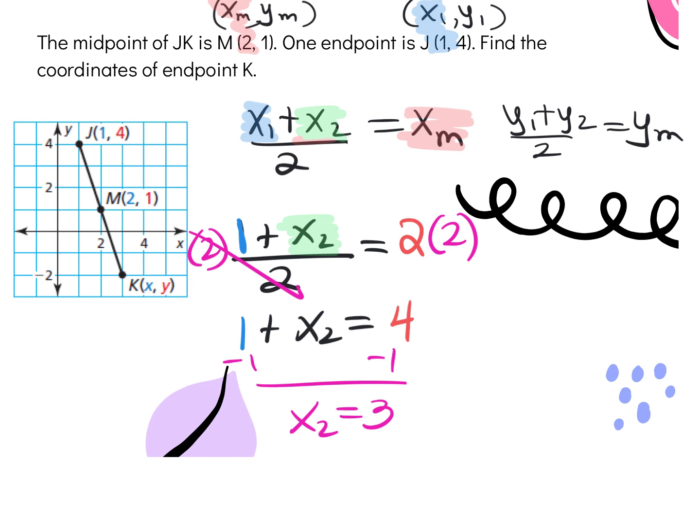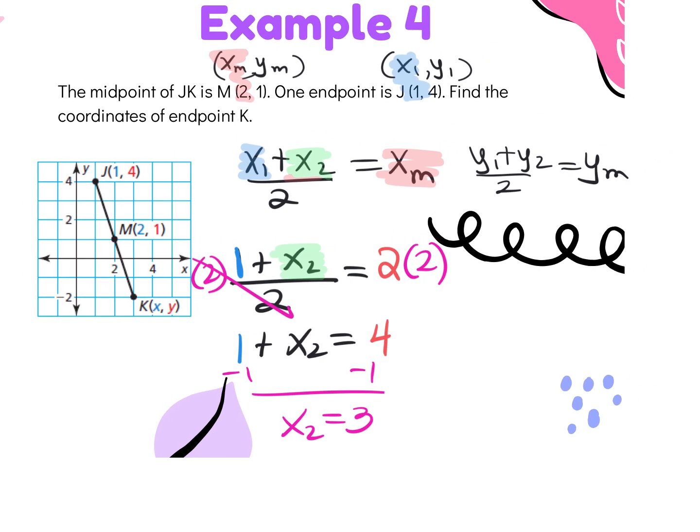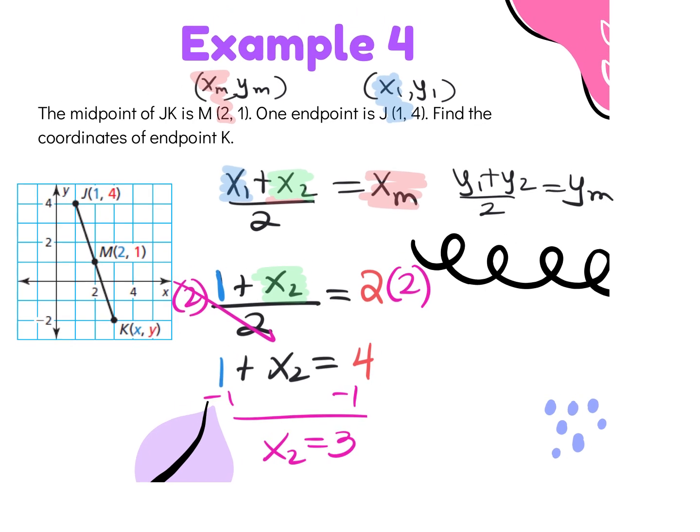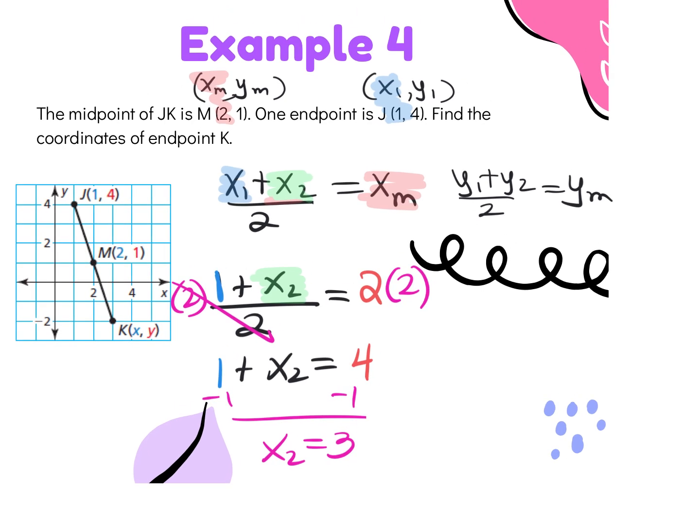Now I've got to go back and do the same thing to find the y of the endpoint. So now I'm going to replace what I have. This y of the midpoint is going to go right here, and then my y1 is going to come from here.